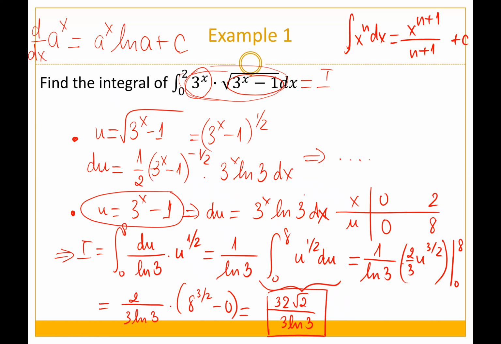Because when you take u substitution, the next step is that you always have to take du to do the full conversion, because everything here is now in x. You have to change everything into u if you want to do the u substitution. And just from this step to this step is where we use the exponential derivative.